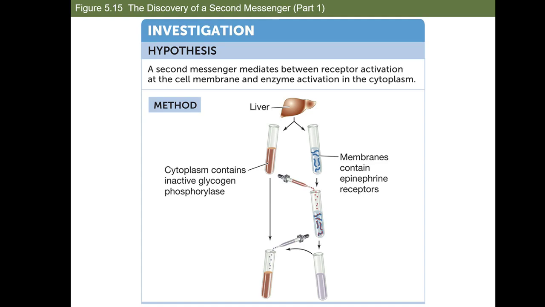So here on the left, the cytoplasm contains inactive glycogen phosphorylase. And here, the membranes contain epinephrine receptors. So they took the cytoplasmic contents with the glycogen phosphorylase and put it in the one with the epinephrine receptors, and they added that to a secondary tube and then added that to the inactive glycogen phosphorylase.